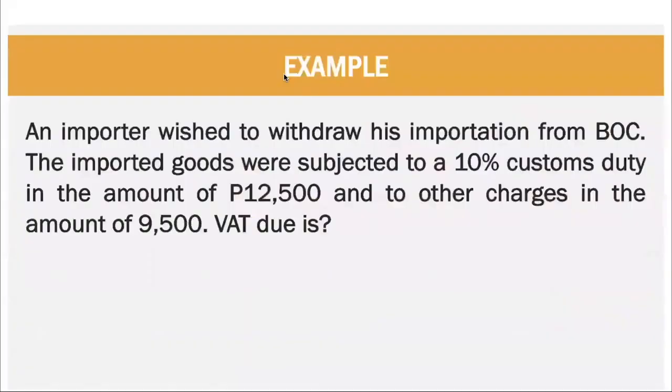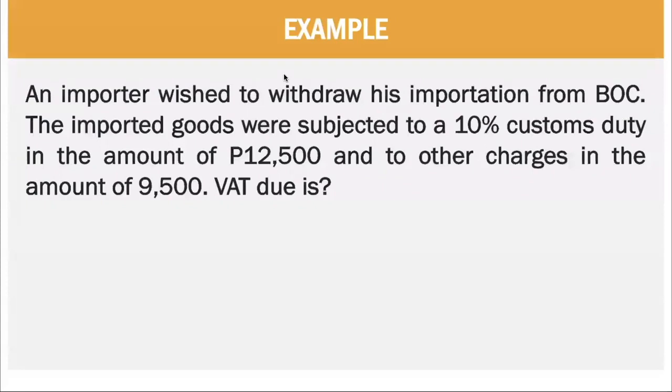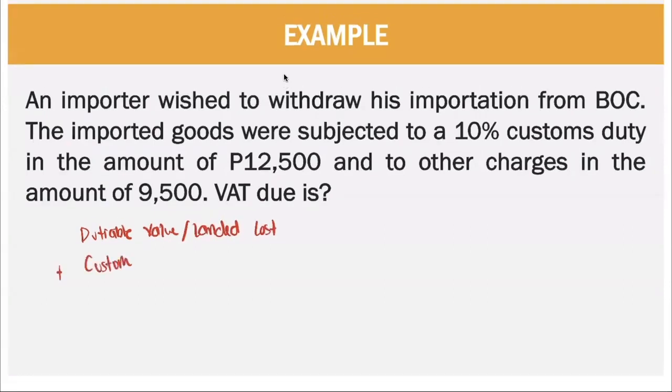Let's have another example. An importer wished to withdraw his importation from the Bureau of Customs. The imported goods were subjected to 10% customs duty in the amount of 12,500 and to other charges in the amount of 9,500. VAT due is, okay, so we have first your dutiable value or your landed cost. You add your customs duty, you add your charges, and you add your excise tax.